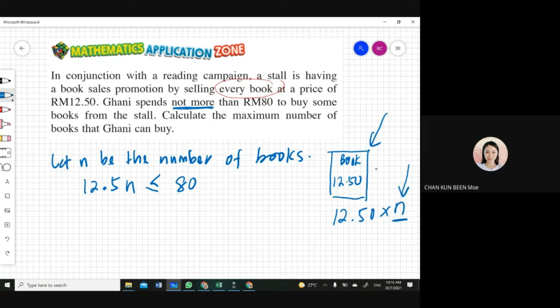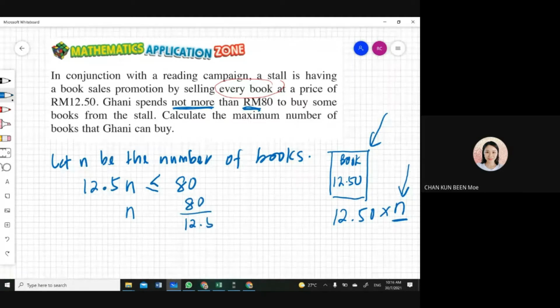Remember, we don't put down the RM, no unit at all for linear inequality. You don't write down the unit. Don't write the kilogram, don't write the centimeter, and so on. So if you want to find N, it will be 80 divided by 12.5. Why? Because this is a multiplication, so when you move it to the right, it becomes divide.